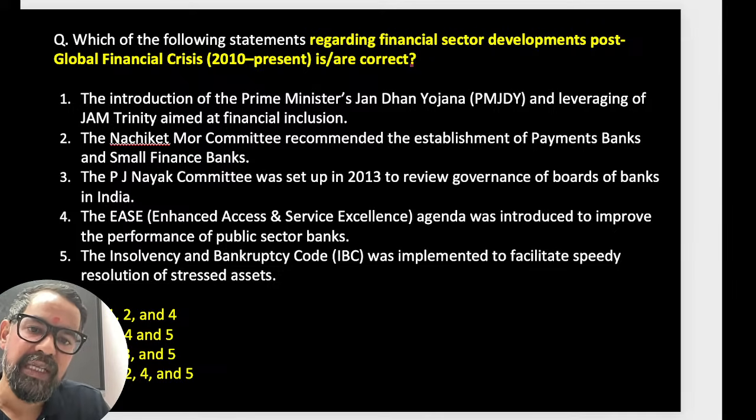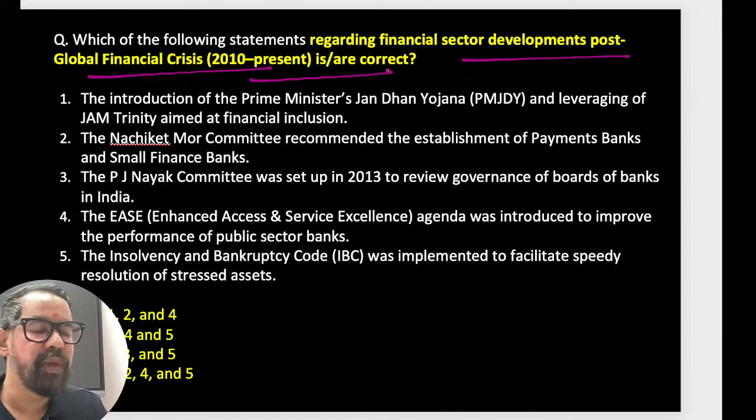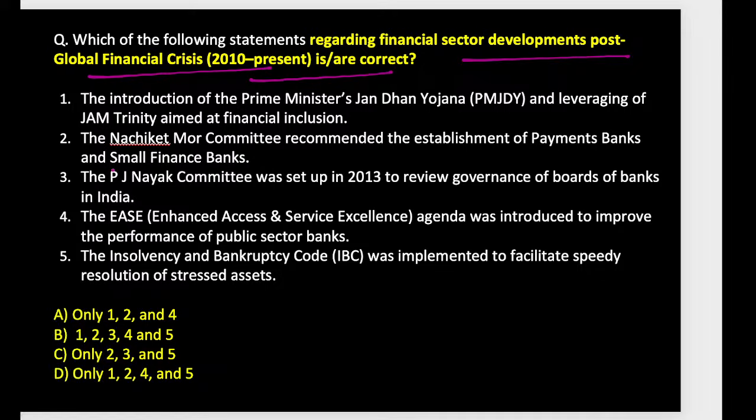Which of the following statements regarding financial sector development post the global financial crisis, 2010 to present? The global financial crisis was led by the Lehman Brothers bank default. So that was part of this one. Now from there until now, what are the areas? The introduction of the Pradhan Mantri Jan Dhan Yojana and leveraging of the JAM Trinity aimed at financial inclusion, 100% true.